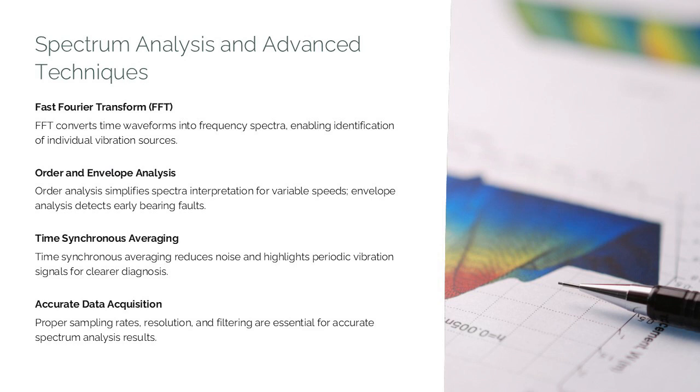Implementing these methods requires proper data acquisition settings, including appropriate sampling rates, resolution, and filtering, to ensure accurate results. By leveraging frequency domain analysis and related tools, maintenance teams can overcome the challenges posed by complex vibration, enabling proactive fault detection and minimizing unplanned downtime.